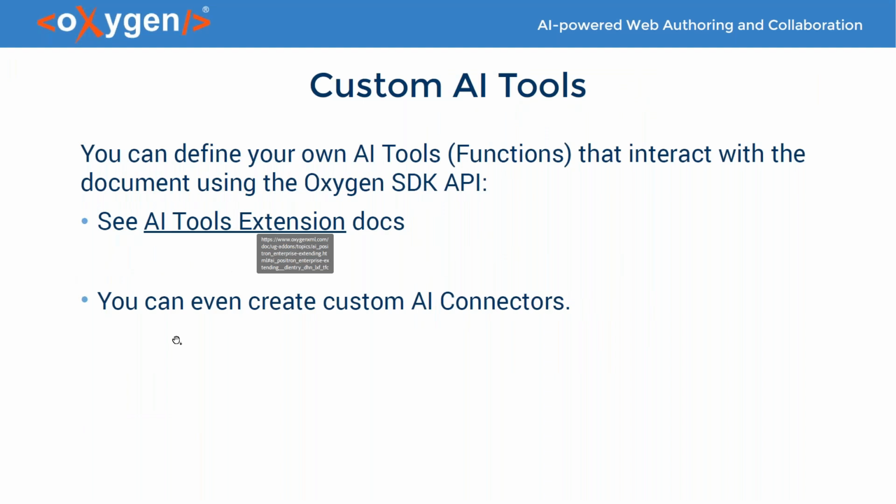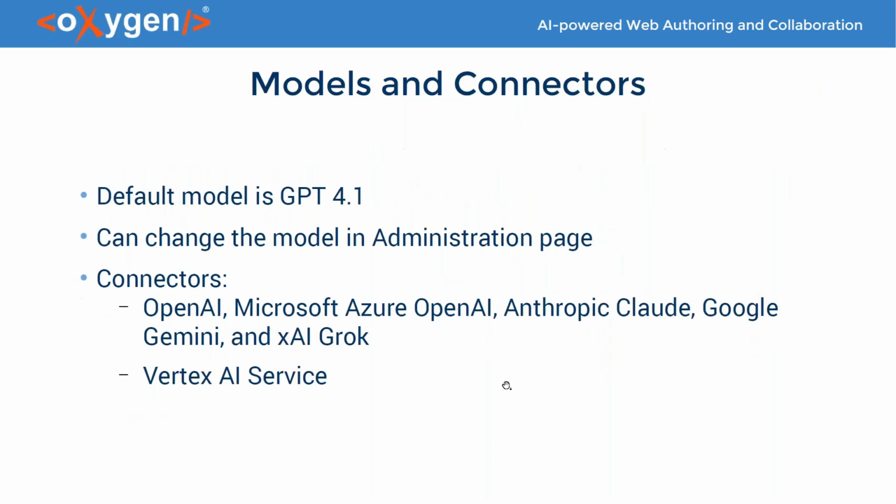Basically, you have to create a custom plugin where you implement a Java interface from the API, and with this you define your custom AI tool. One other note is that you can even have custom AI connectors besides the built-in ones.